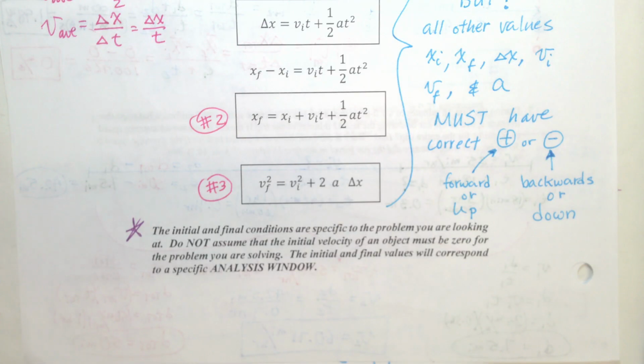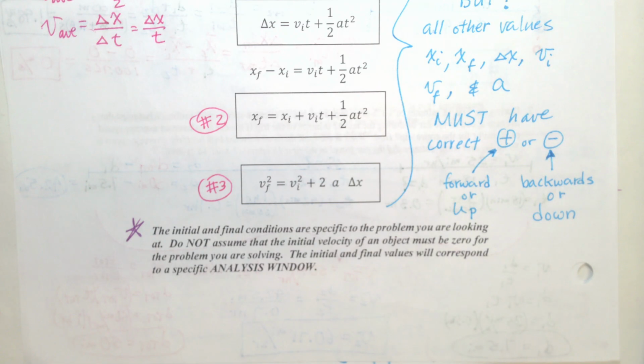Or you could look at from here to here as your initial and final, or here as initial and here as final. So you can choose where your initial is and where your final is, and that's where the confusion happens, because you're trying to make it convenient for yourself, but you're not sure sometimes.